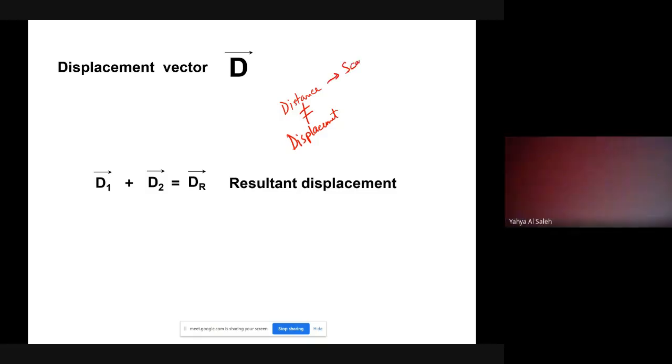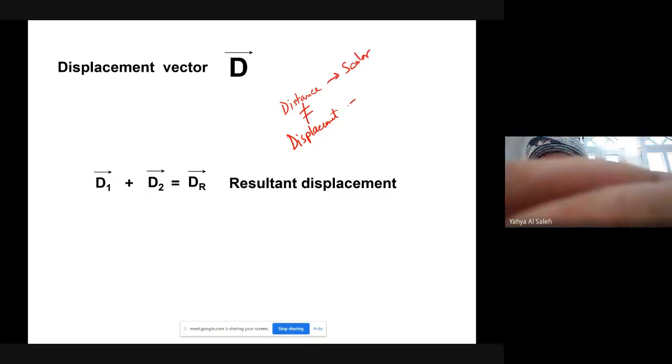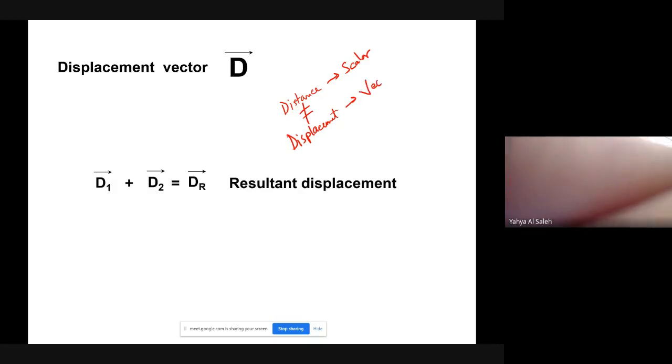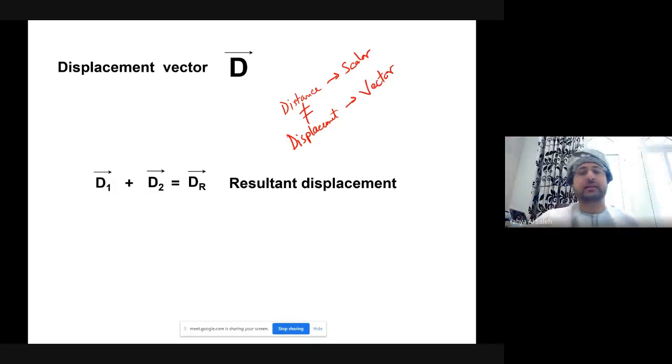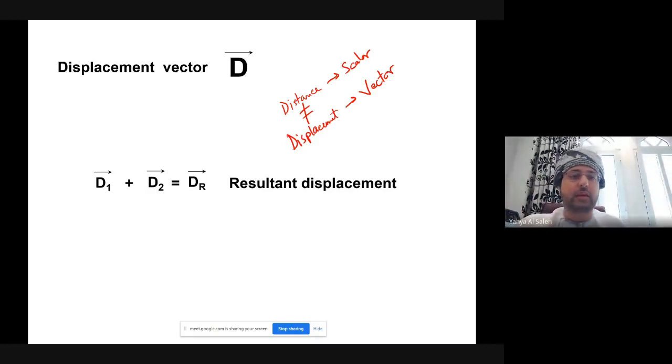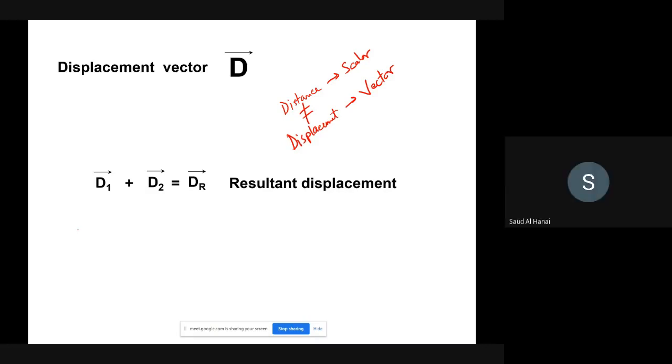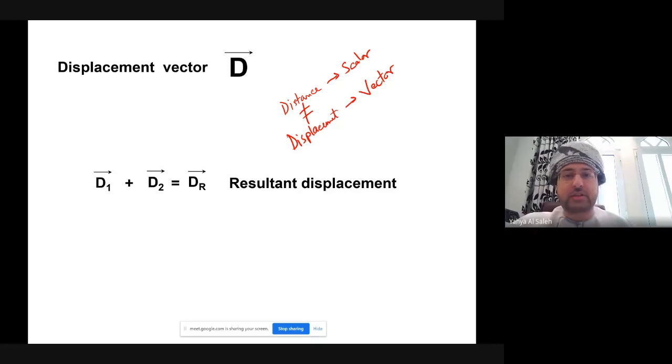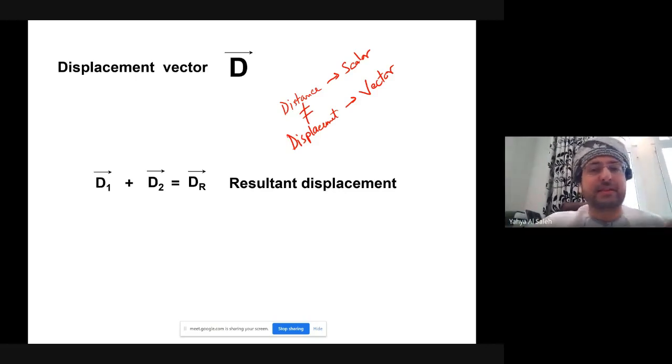Distance is a scalar. Displacement is a vector, and I'll give you an example. Speed and velocity are another example. And the reason speed and velocity are not the same is because they depend on distance and displacement.